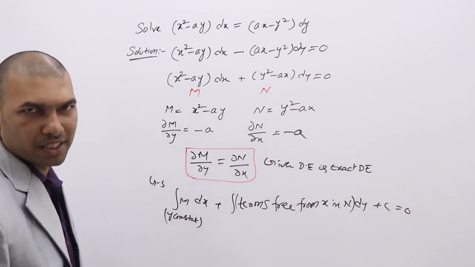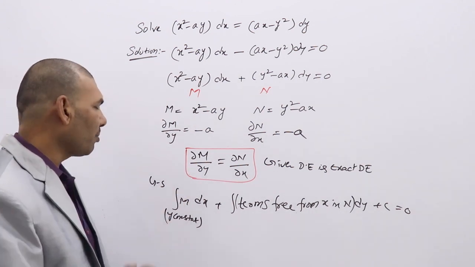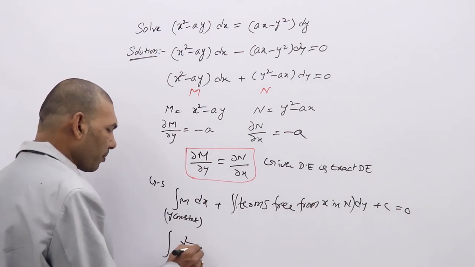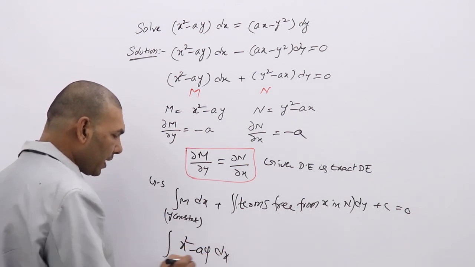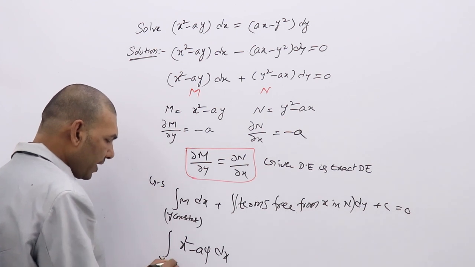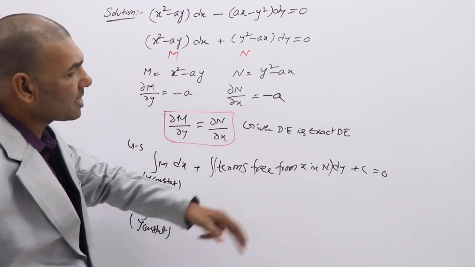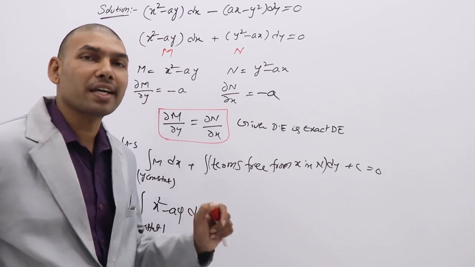Terms free from x. Integral M dx. So what is M? x square minus ay. But while integrating here, keep y constant. Plus terms free from x in N, that means terms that do not contain x in N.